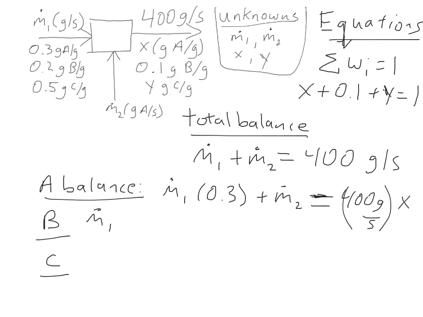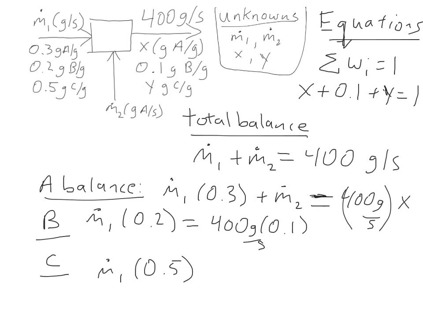M1 times 0.2 is equal to 400 times 0.1, that's grams per second, and then C balance: M1 times 0.5 is equal to 400 times Y. And so again, I'm just looking at inlets and outlets and making sure whatever goes in comes out.